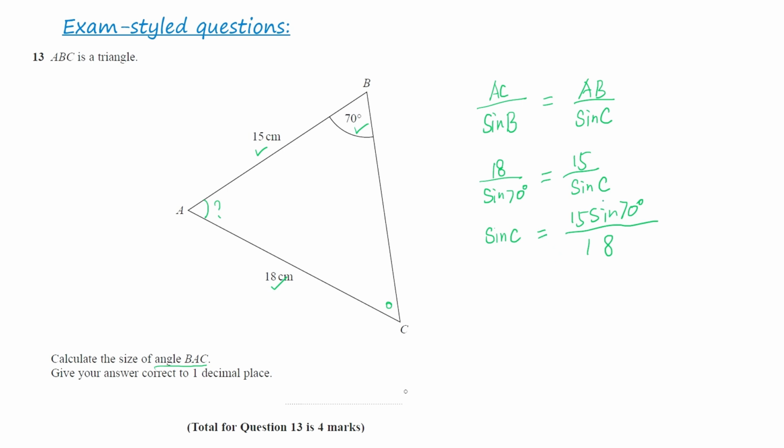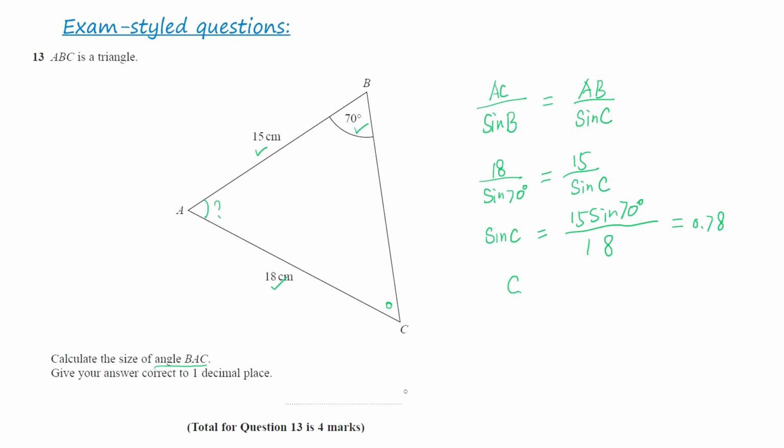Now I can use a calculator to work out this one. If you have a calculator with you, you can have a try. My calculator tells me this is 0.78. The question asks you to correct to one decimal place, so in the middle of my working, I use 2 decimal places.